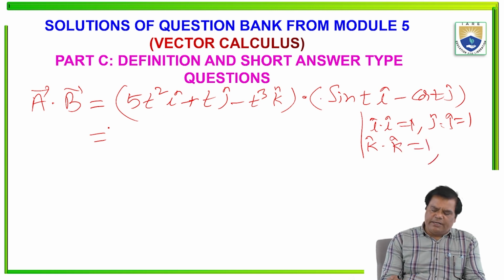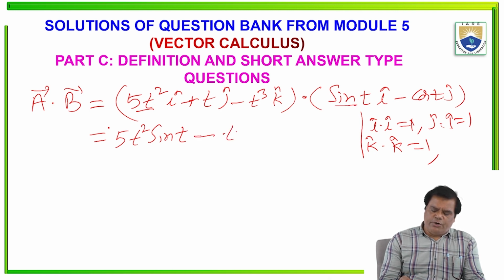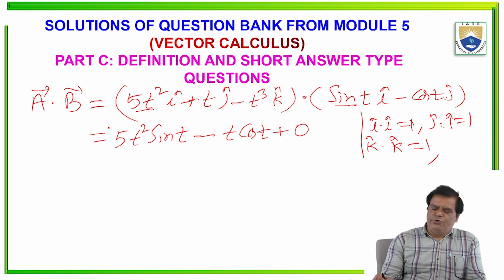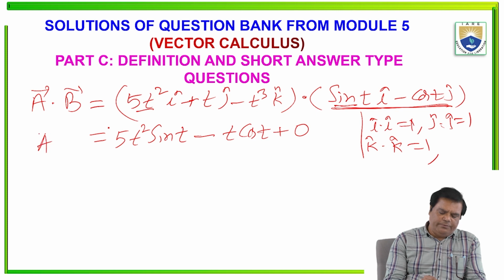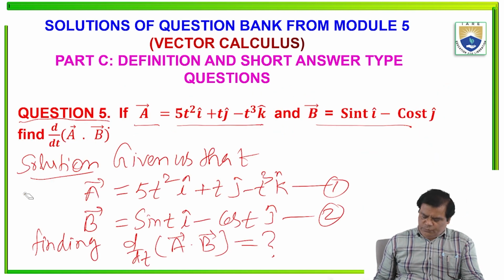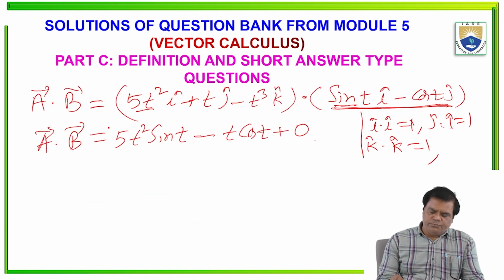So here 5t² sin t minus t cos t plus 0. There is no k in the second vector, so 0 k. So this is A dot B, equation 4.